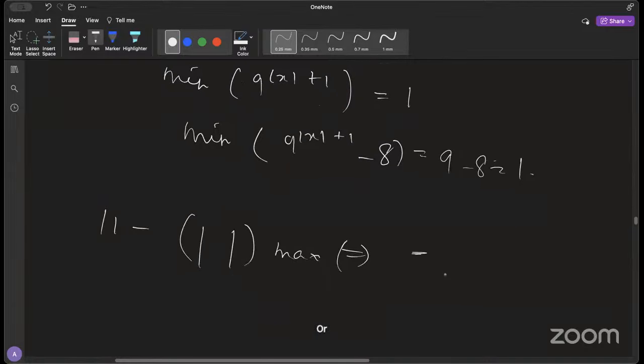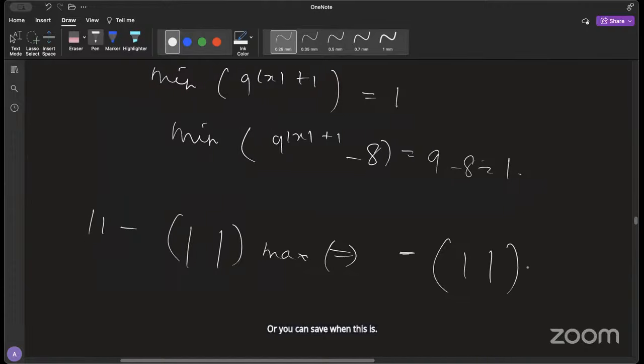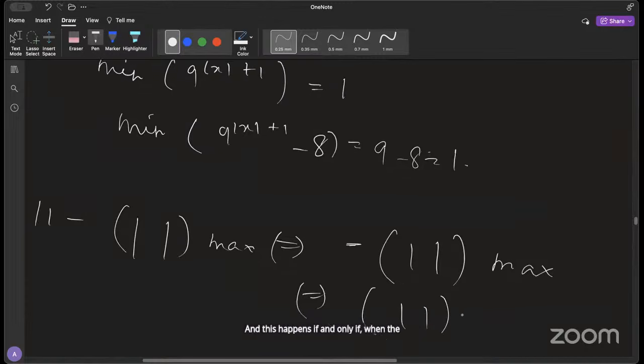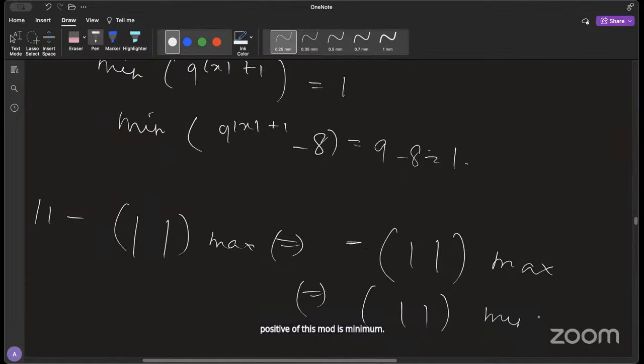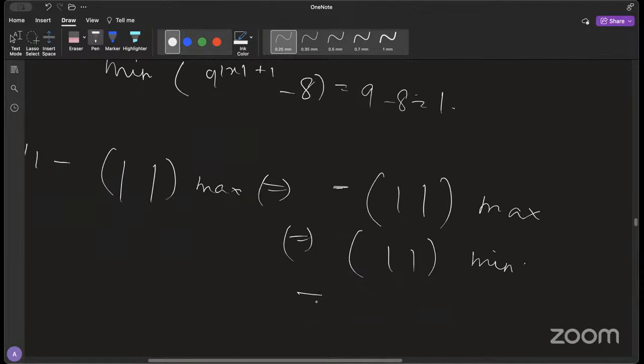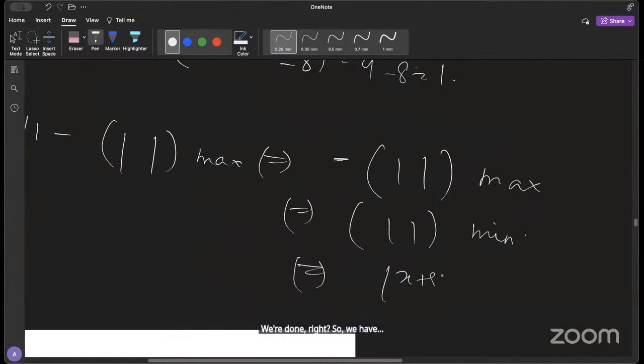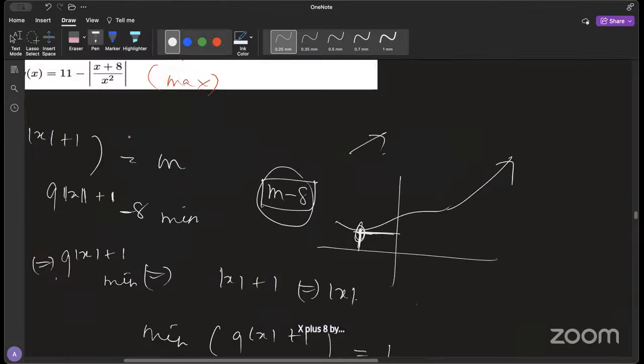Or you can say when minus of this mod is maximum, and this happens if and only if the positive of this mod is minimum. And this happens if and only if we're done here, right? So we have x plus 8 by x square.